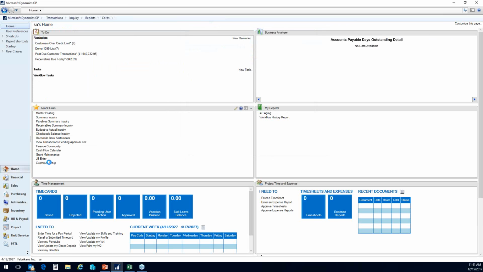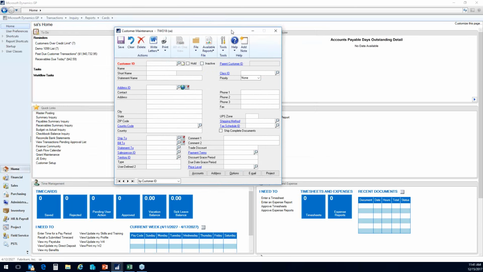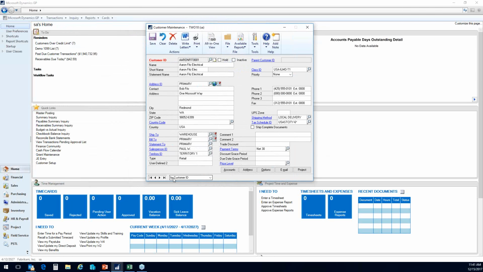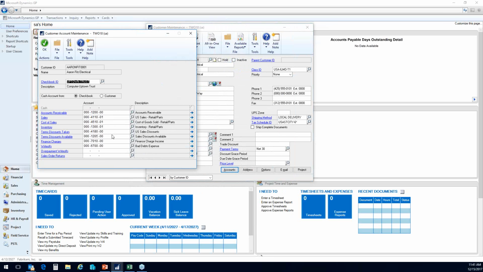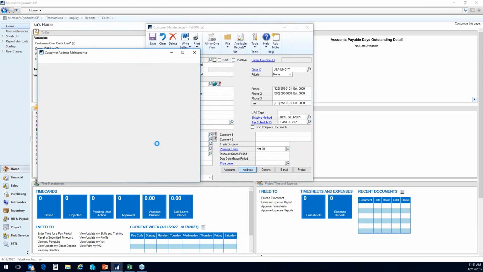So let's go back to the customer setup. Here's a traditional kind of master record. This could be customer or vendor, but I've selected the customer here. So not a lot of red. Red is required, but not a lot of red. Here we collect a lot of demographics about the customer, the accounts that get used when we do business with this customer, and the addresses.